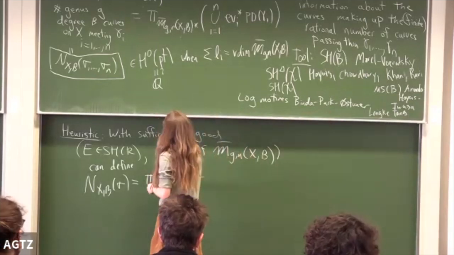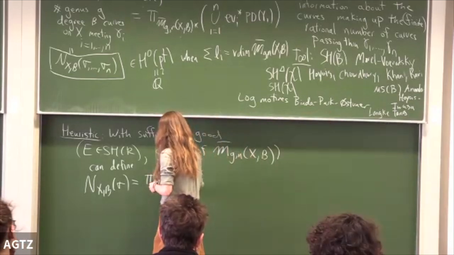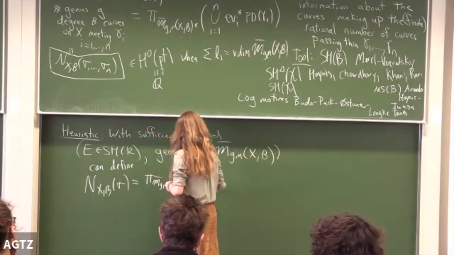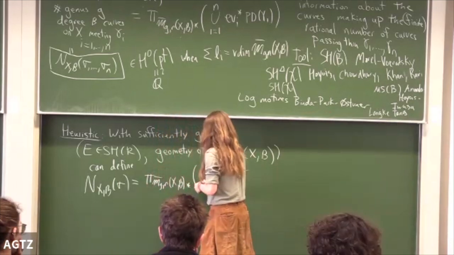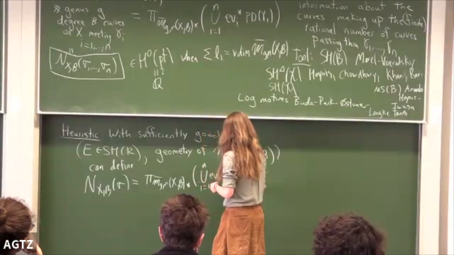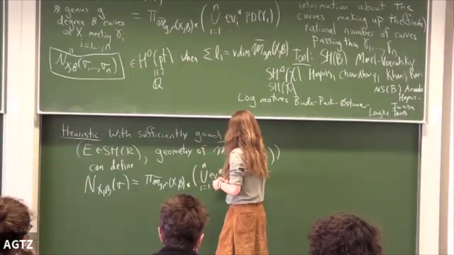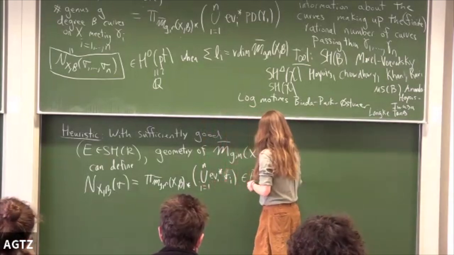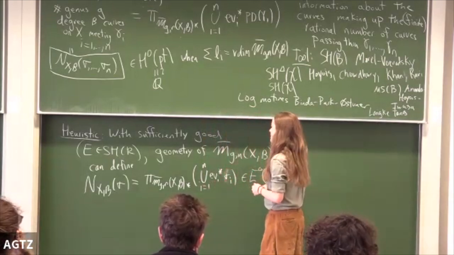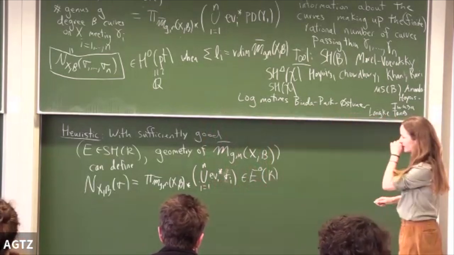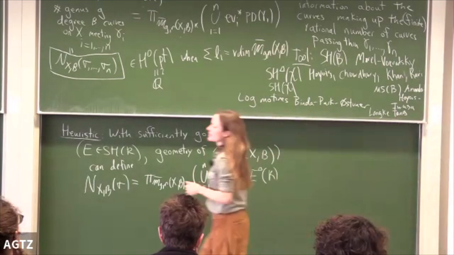Let's say we've done the work to define some push forward of the pullback, and we'd like it to land in E^0 of the base K.